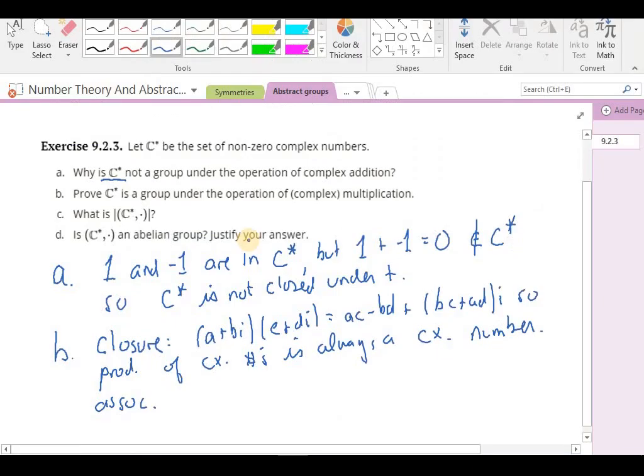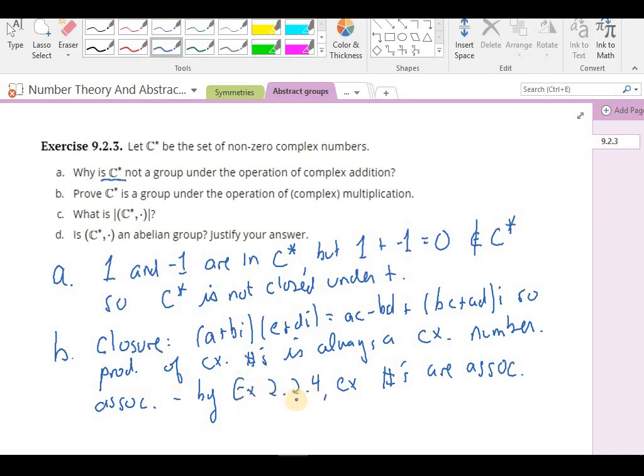So you can say, by exercise 2.2.4, complex numbers are associative. Don't worry over much if I actually assigned this problem. You can just assume all of the results in the complex numbers chapter. That's part of math, building on what you've done already.